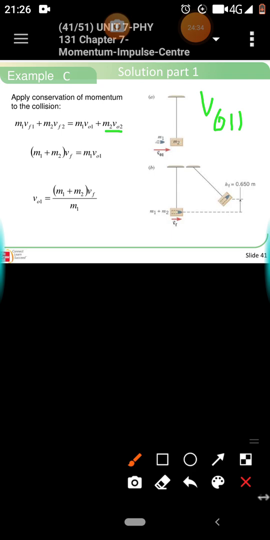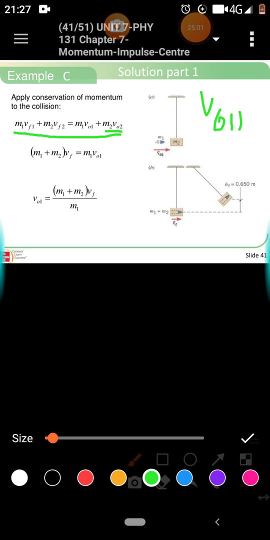Here, I don't know whether you see how this expression came about, but maybe let's do the steps. Let's check the initial momentum.